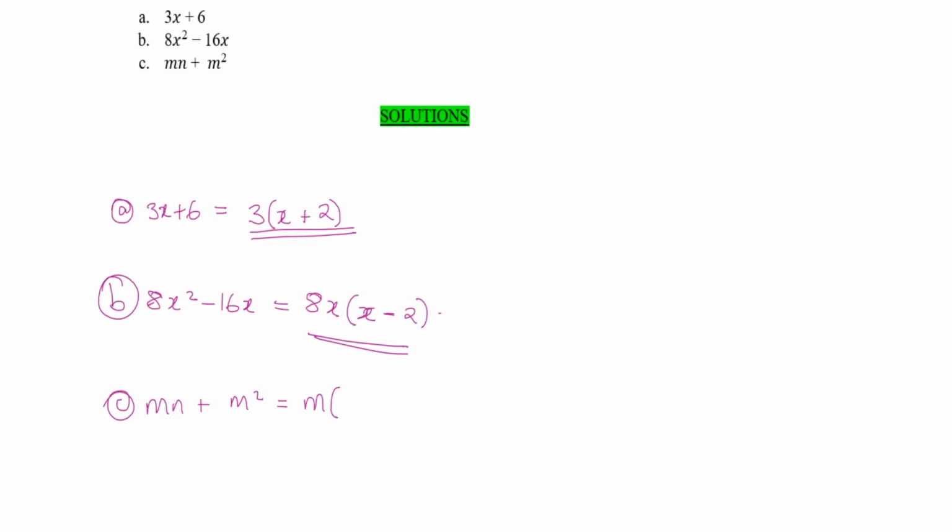Then we open the brackets, because this m can go into mn and this m can go into m squared without leaving a remainder. So if we divide m into mn, will just remain n, plus m into m squared is just m, and this one will be our answer.